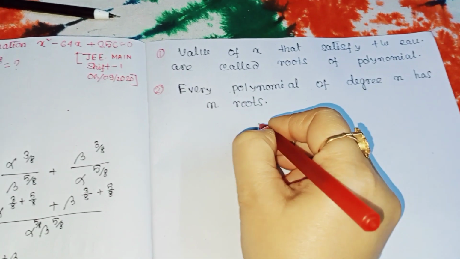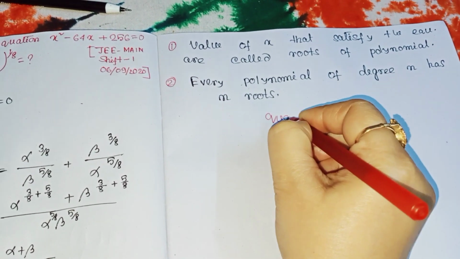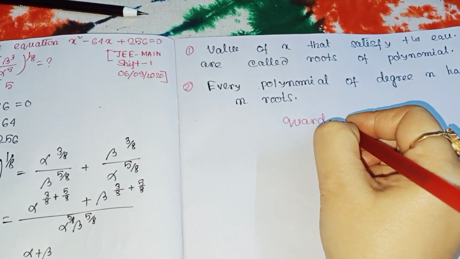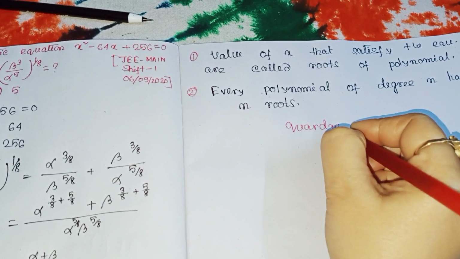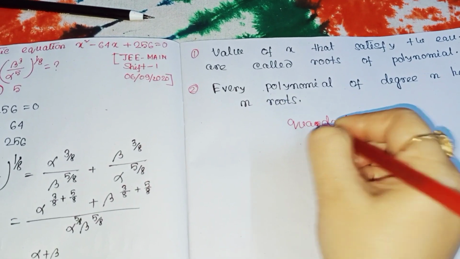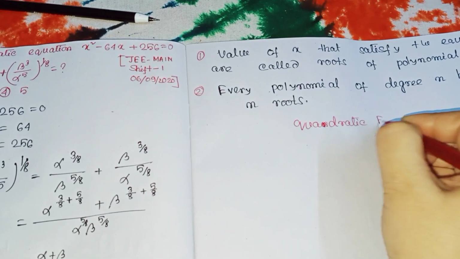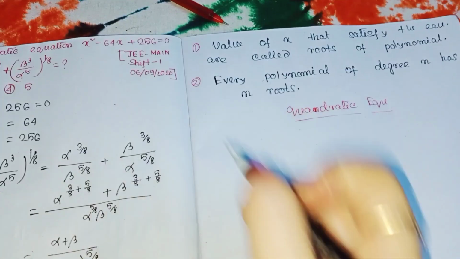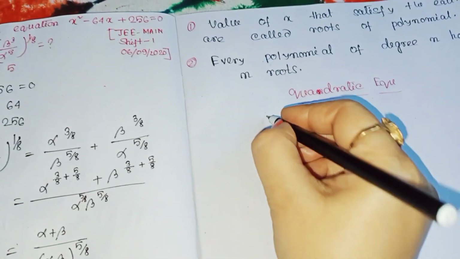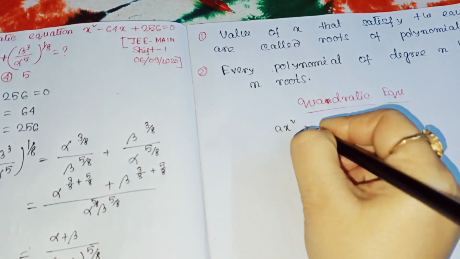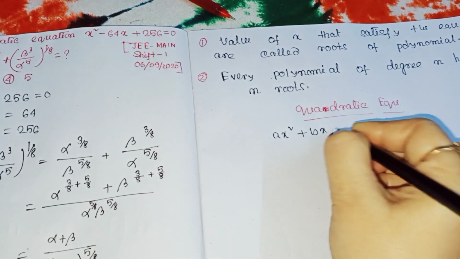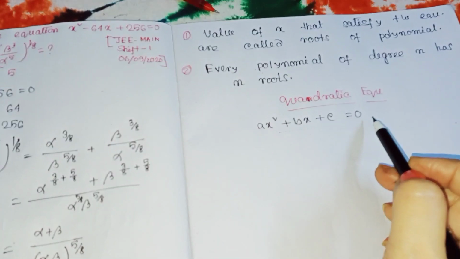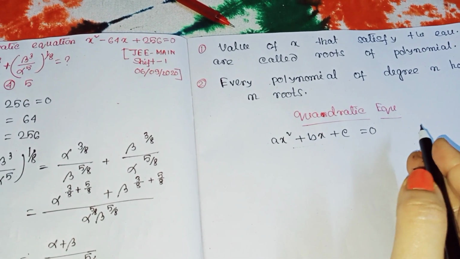So what is a quadratic equation? If the polynomial has second degree, that is ax square plus bx plus c is equal to 0, then the equation is called a quadratic equation.